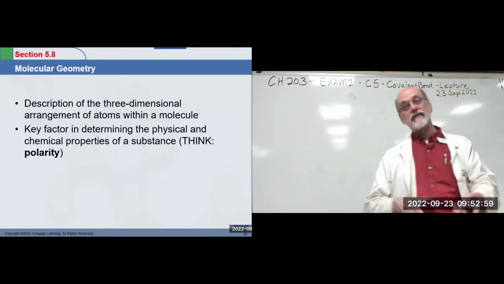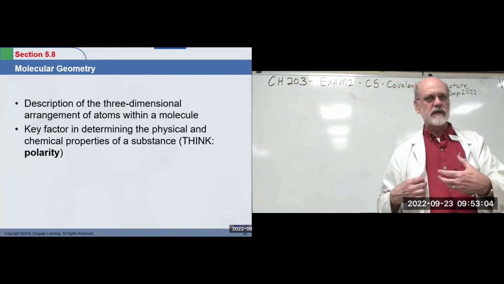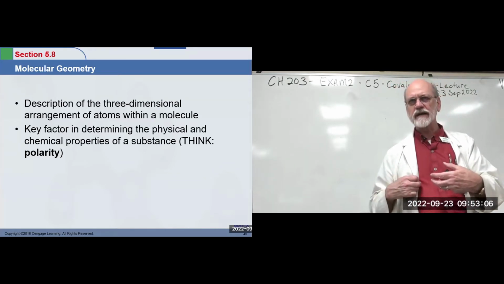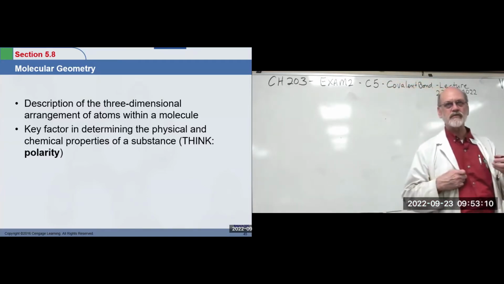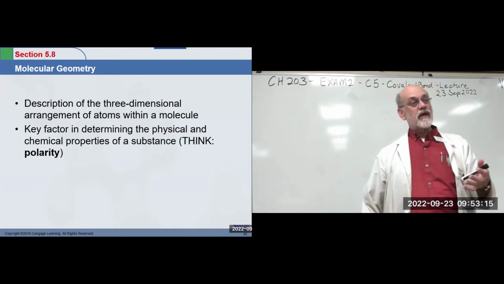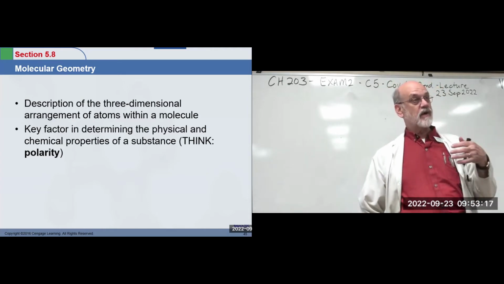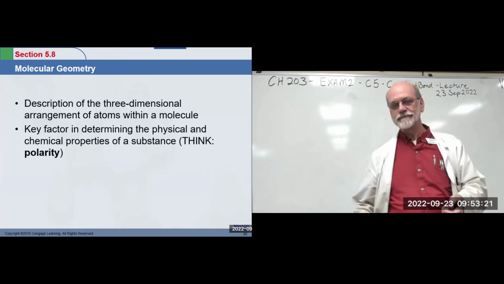You have the enzyme and you have the substrate, the molecule that it works on. Has anybody been introduced to that idea yet? Just grasping at straws here. So the shape of the molecule has an impact on how the molecule reacts when it encounters other molecules.